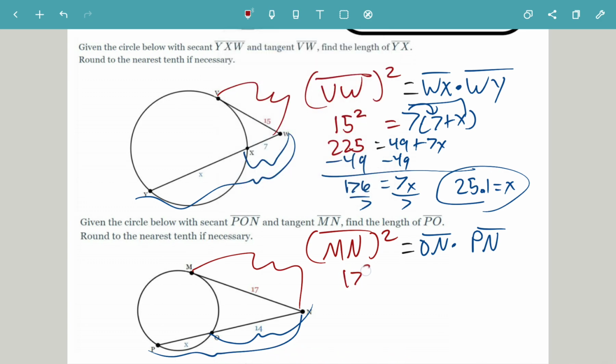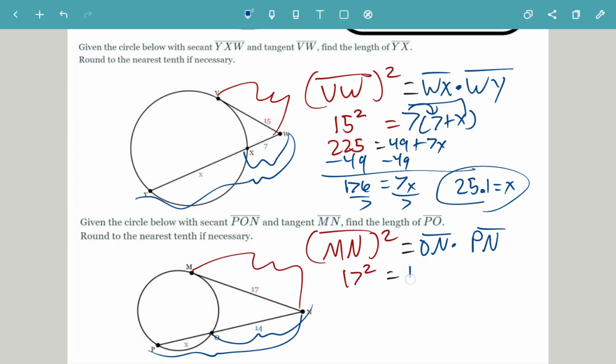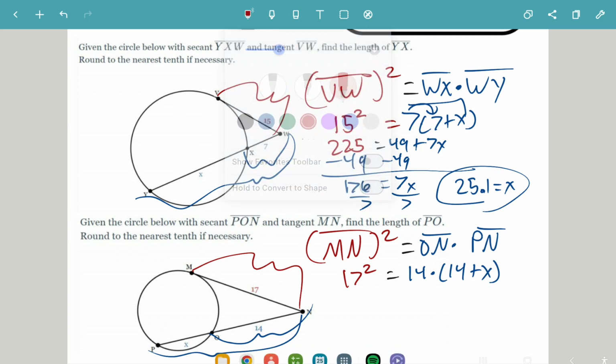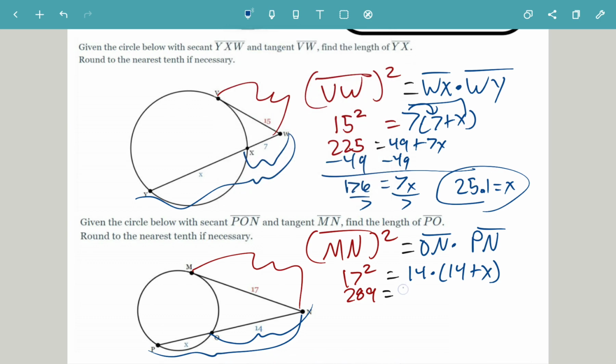So we get 17 squared equals 14 times 14 plus x. 17 squared is 289. 14 times 14 is 196, plus 14x.